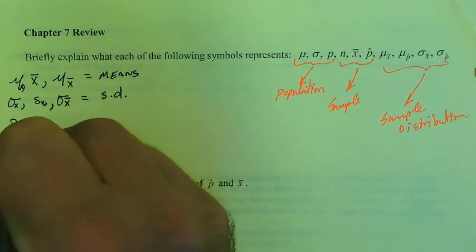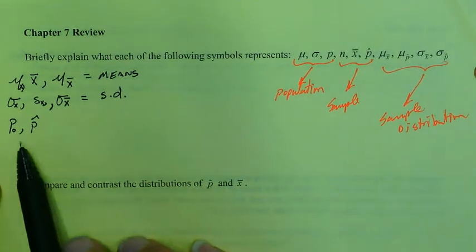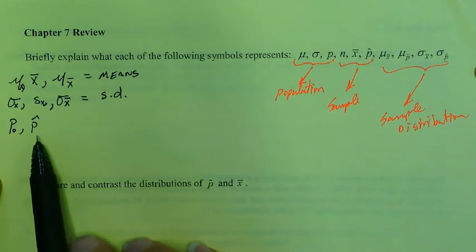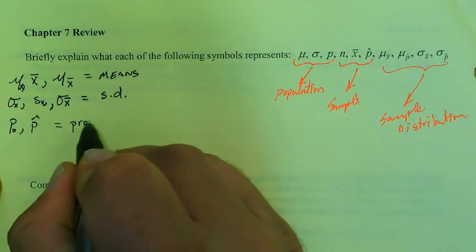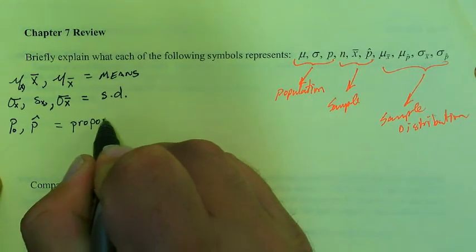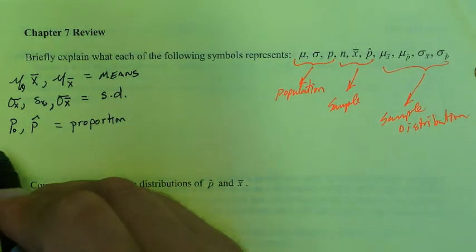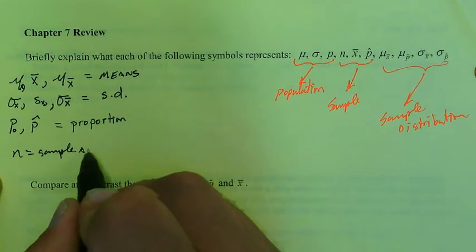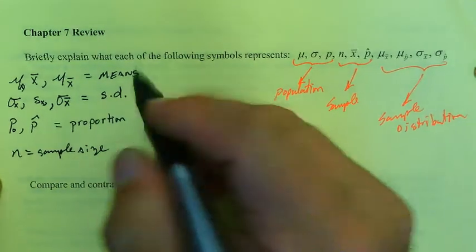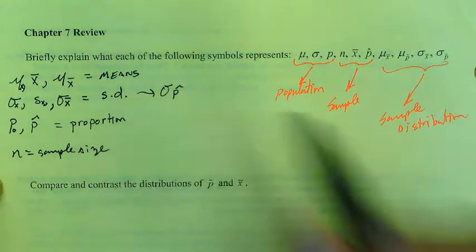P, sometimes written as P naught, and P hat go to a proportion, right? And N talks about your sample size. Of course, another one of these in standard deviation would be sigma of P hat.